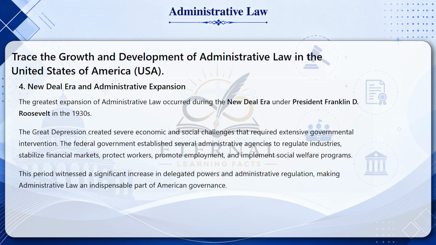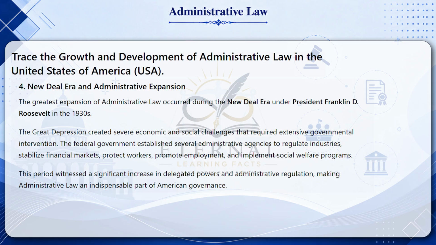New Deal era and administrative expansion. The greatest expansion of administrative law occurred during the New Deal era under President Franklin D. Roosevelt in the 1930s. The Great Depression created severe economic and social challenges that required extensive governmental intervention.